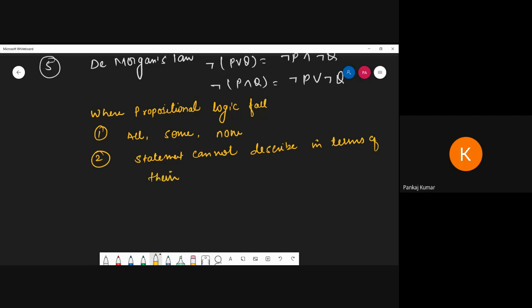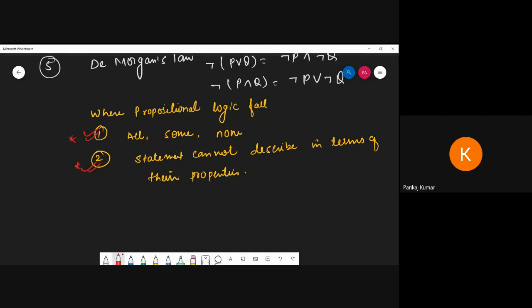I'm talking about commutative, De Morgan's law, all the things. Apart from these two, propositional logic may fail in other conditions too, but these two are the major, mandatory conditions. Maybe something else is possible, so we cannot limit it, but this one is very important. All, some and none. Suppose I want to describe the all set, it is very difficult to describe in propositional logic. It is very difficult to describe some, none, all the things.